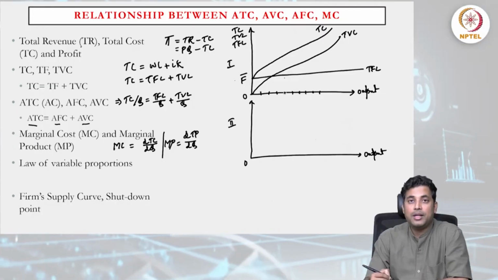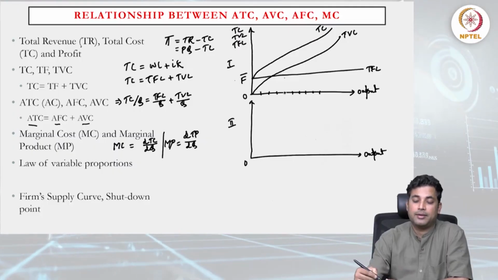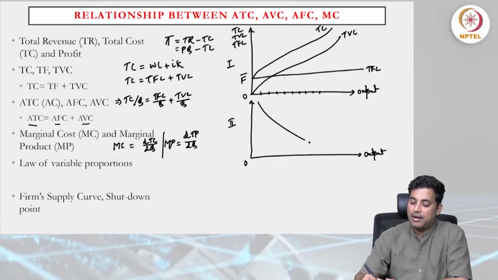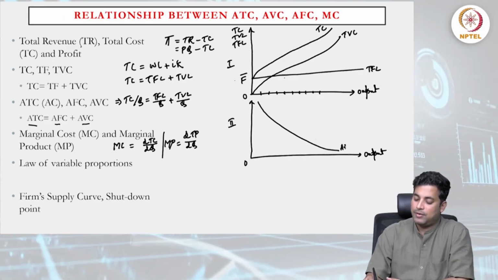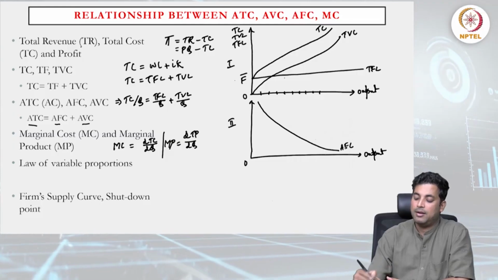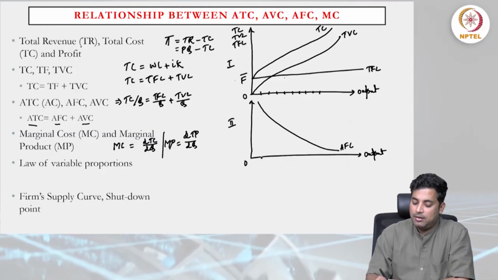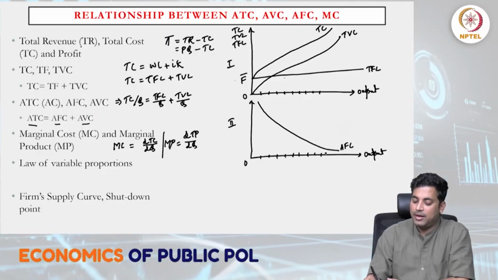So now in panel 2 we will draw all the other curves. It will be like the average fixed cost line, because TFC is fixed, divided by the total level of quantity.